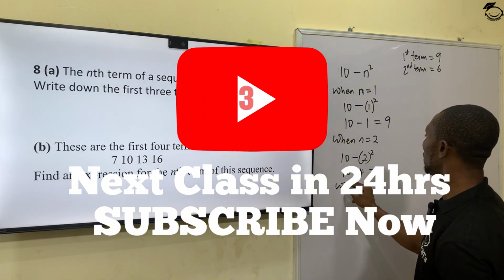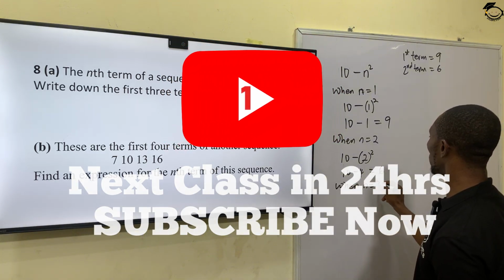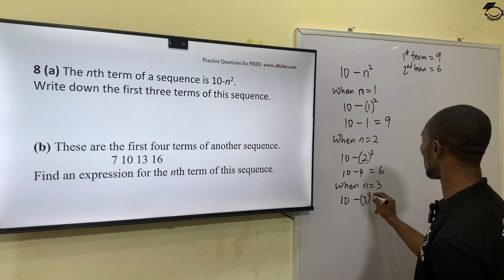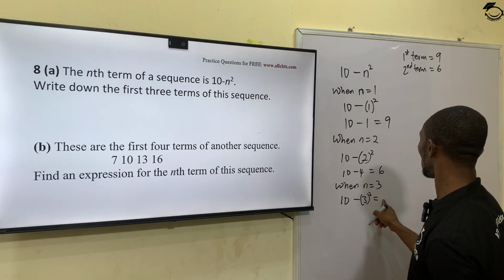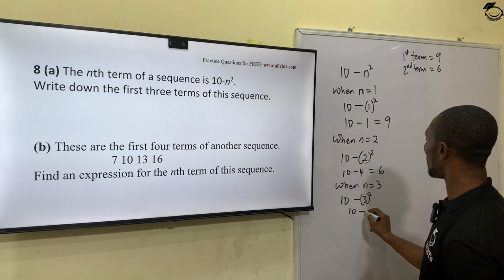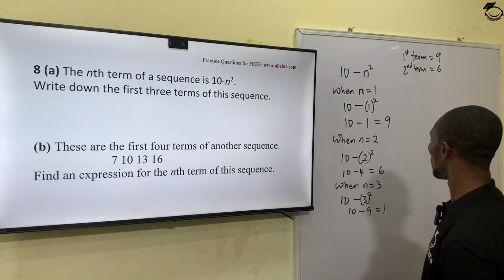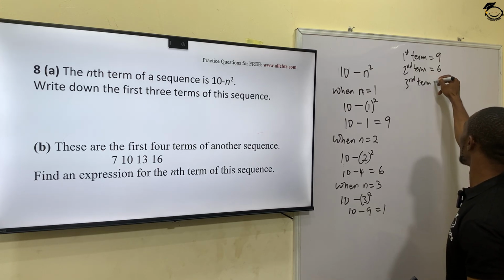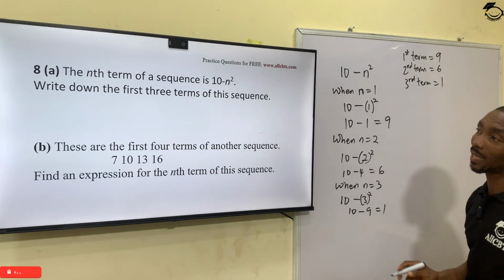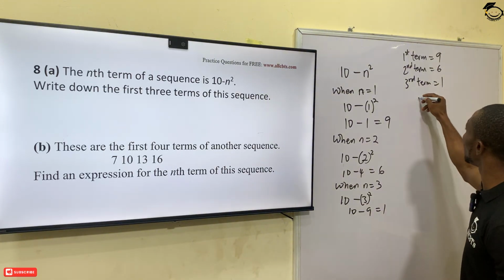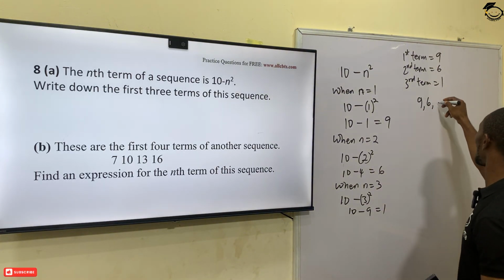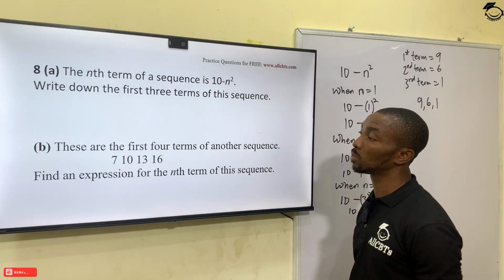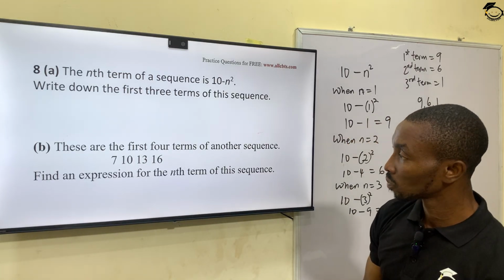And when n equals 3, we have 10 minus 3 squared, which is 10 minus 9, which gives us 1. So the third term is 1. So the first 3 terms of our sequence would be 9, 6, and 1.